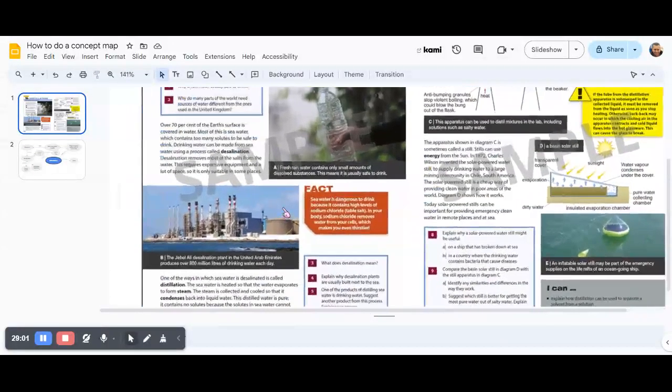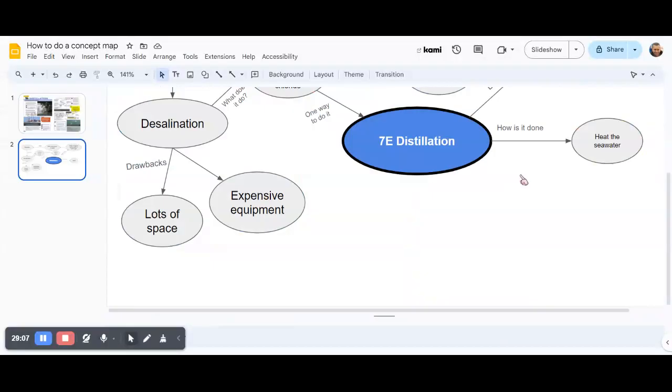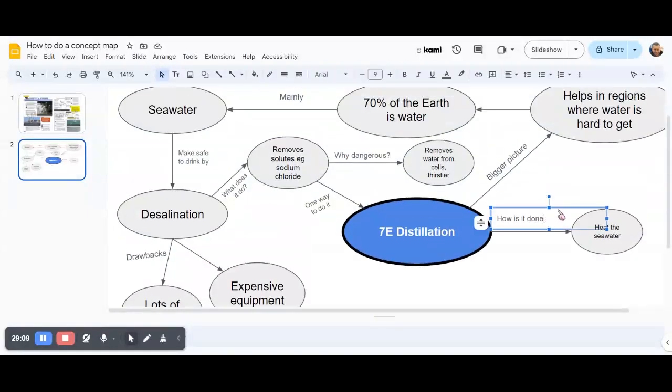It does apply to other things. So I could say heat the solution. That's absolutely fine. But in this situation, I've actually got seawater. So I could say how it is done with seawater. And that makes sense. Okay.